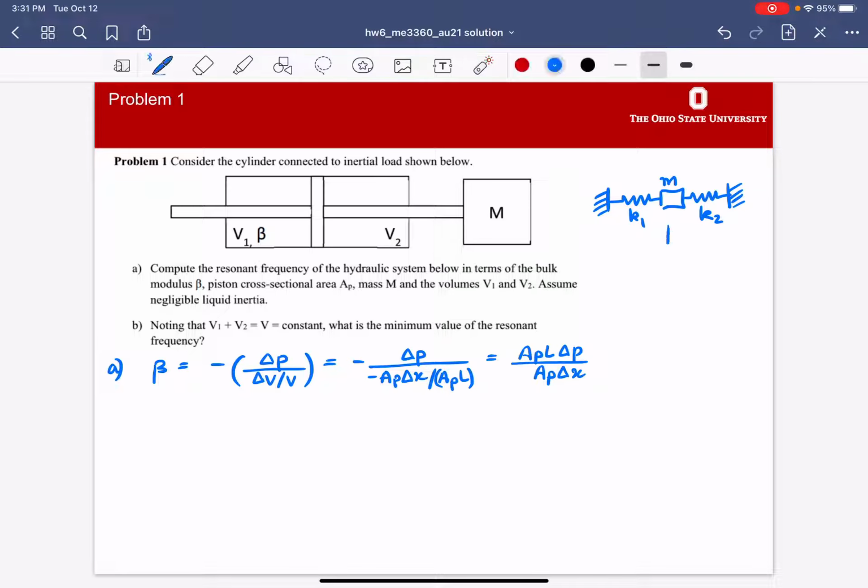If you think of this mass moving in the positive x direction, this spring over here would compress and push it back. On the other hand, this spring over here would expand, and so it would pull the mass back to its original location. So both springs would have forces in the same direction, and we can write down the governing equation for this that would look like that.